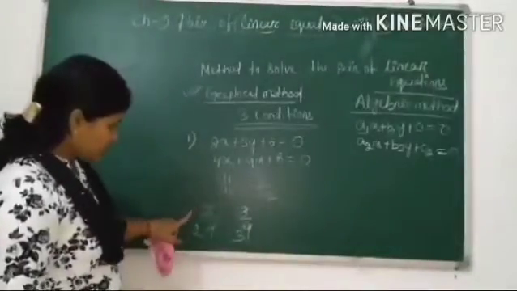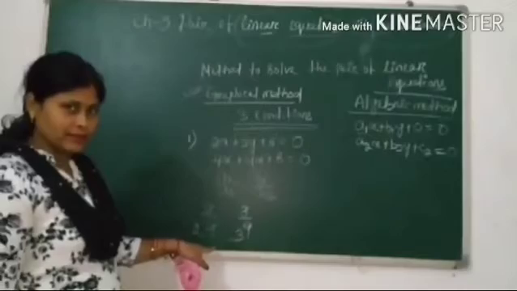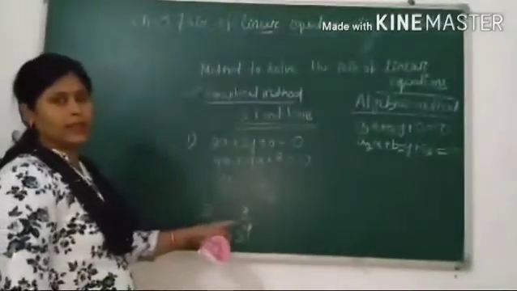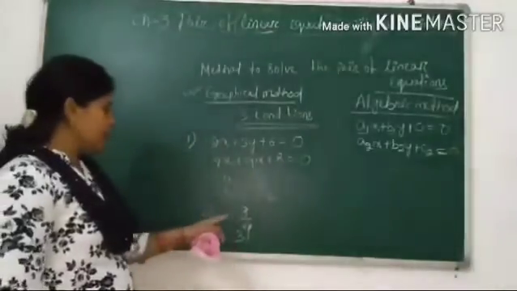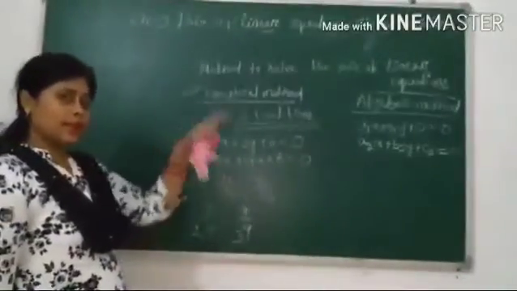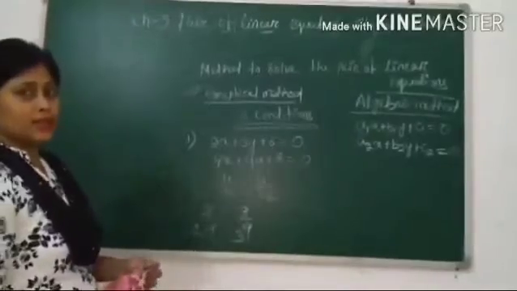So here 1 by 2, here 1 by 3. Are they equal? No. If you get equal values here, only then you have to go to the third case, that is, compare c1 and c2.